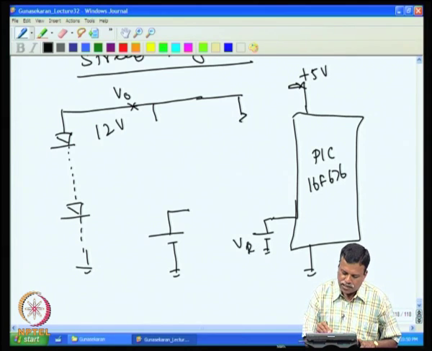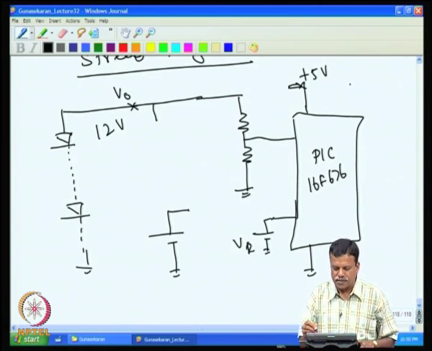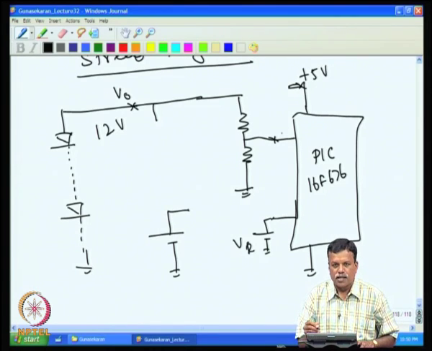So, if you are using the 5 volt reference, which is the power supply reference, then this voltage should not be more than 5 volt, because at 5 volt all 10 bits of the output will be high, and beyond that it cannot measure. So I divide this voltage and give it to channel 1.